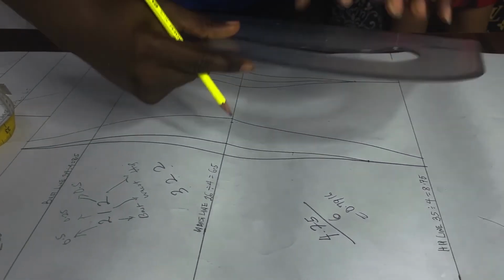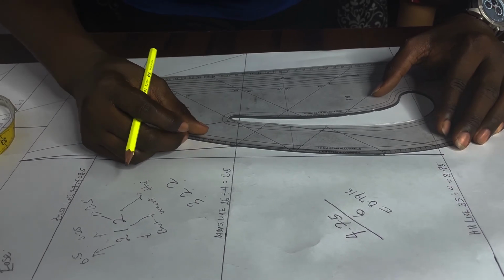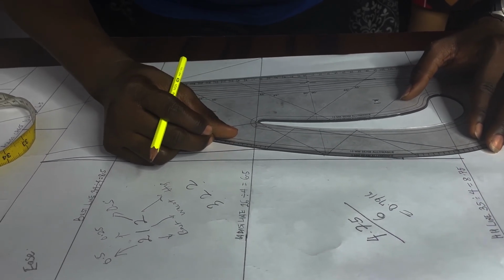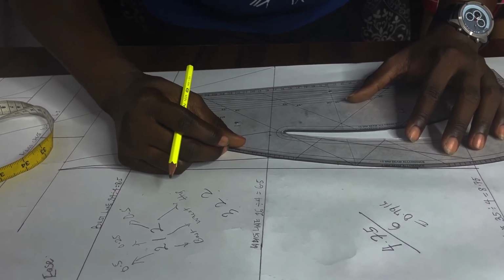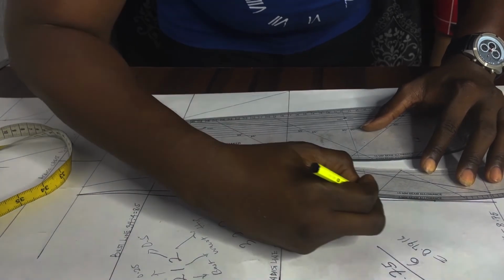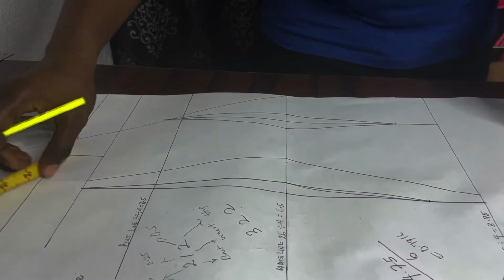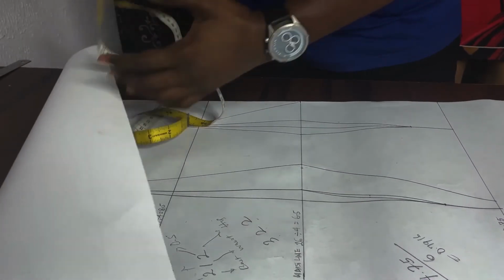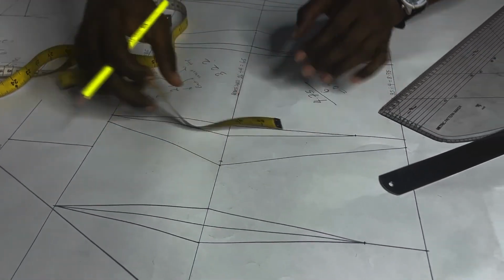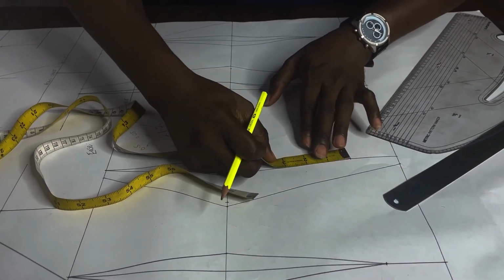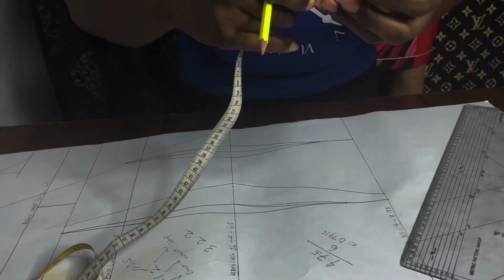Then you use your hip curve, the curvy part of your pattern master, to smoothen the curve at the hip. You repeat the same process at this other side, looking for the midpoint.